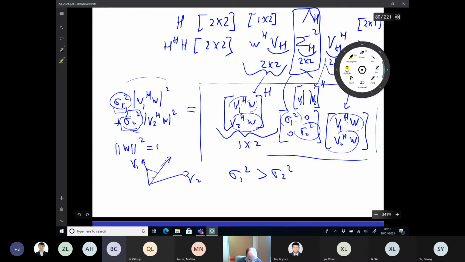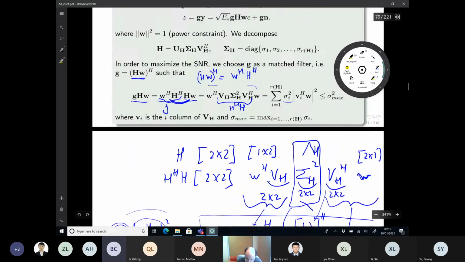If I take W equal to V1, this term here will be maximized because this one will be aligned with this one. This one will be equal to 0. But that's okay because I will put all my energy towards V1 because sigma 1 square is larger than sigma 2 square, right? So this is what you see, that the maximum value you can achieve here will be equal to sigma 1 squared, the maximum eigenvalue that you have in the system.